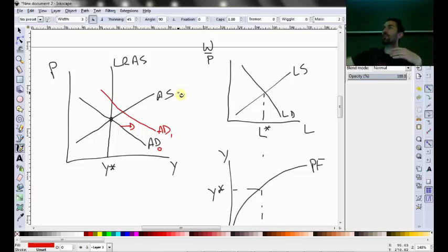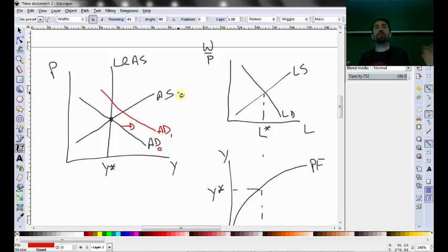So when they see that the price level is going up because of an increase in demand, they know prices are going up because there's an increase in demand. And therefore, my real wage is going down if my nominal wage doesn't go up. So the rational thing for those people to do straight away is to say, well, we're not going to work for the same nominal wage. We want higher wages.